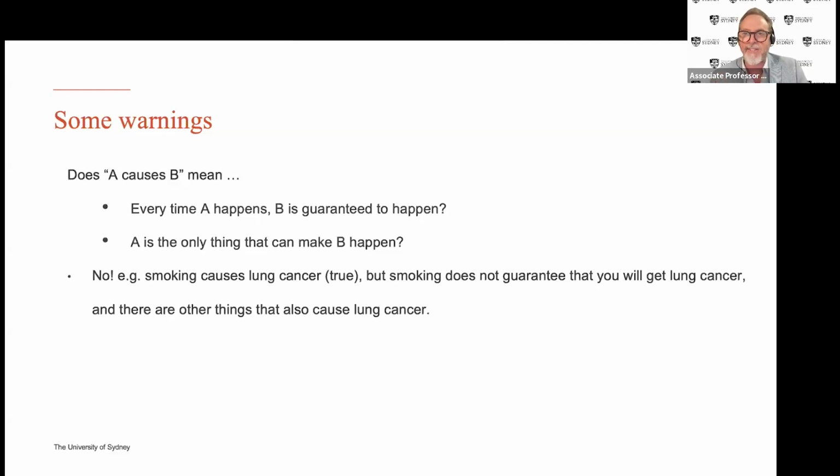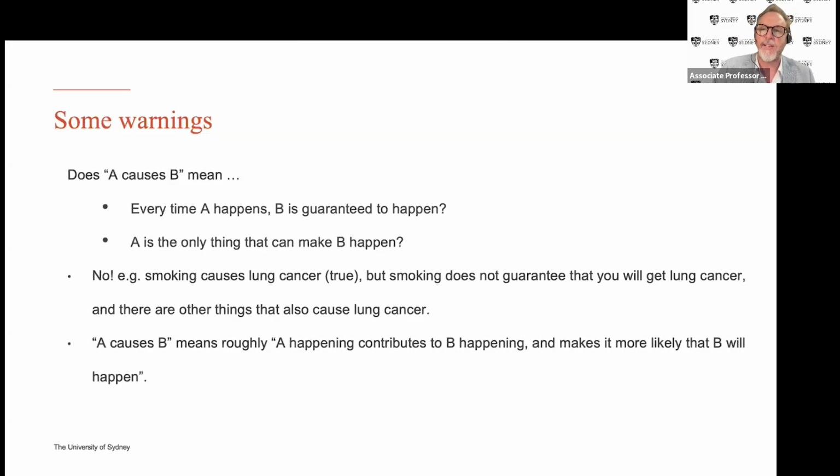Here's another fact that we know when we think about smoking and lung cancer. It's true that smoking causes lung cancer, but it's not the only thing that can cause lung cancer. So unfortunately, working in a mine underground where there's lots of rock dust also causes lung cancer, right? So when you're saying A causes B, you are not implying that A is the only thing that can cause B. So let's keep those in mind when we are trying to assess causal claims.